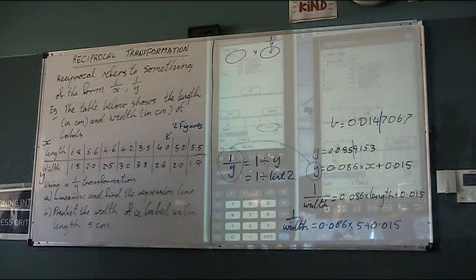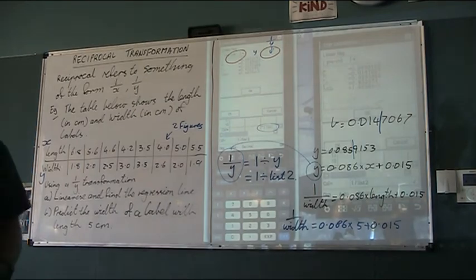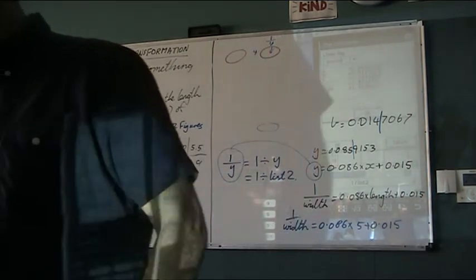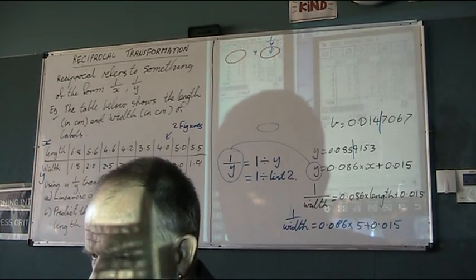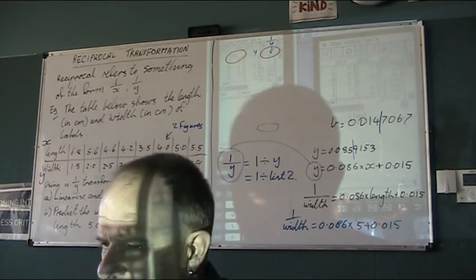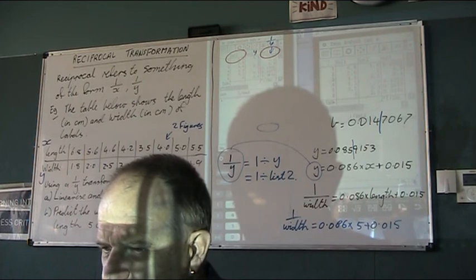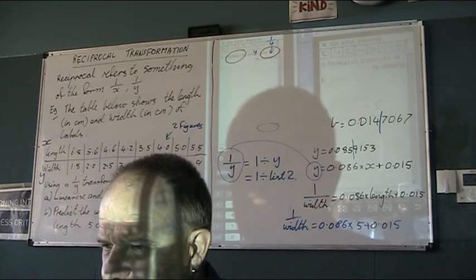Alright, now there is a way that we can solve that without having to worry about all the rearranging. There's our linearised data, so I'll go back to our main menu.